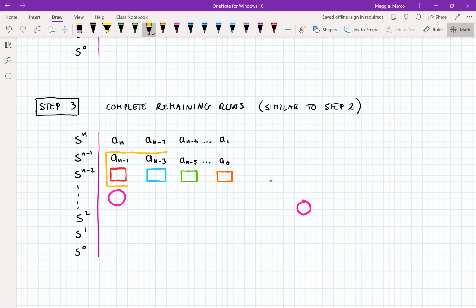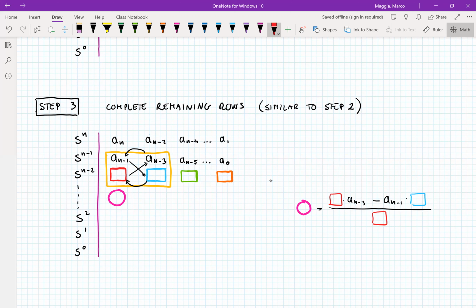So in this case, it's going to be the second column. And so we repeat the figure 8, this times this minus this times this divided by this. All right, so in other words, we have red box times a_{n-3} minus a_{n-1} times blue box divided by red box. And you see the pattern here.